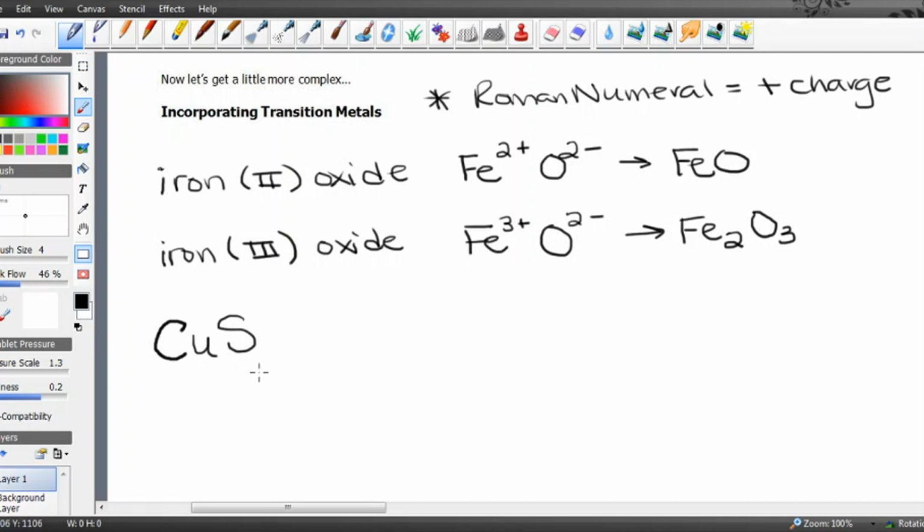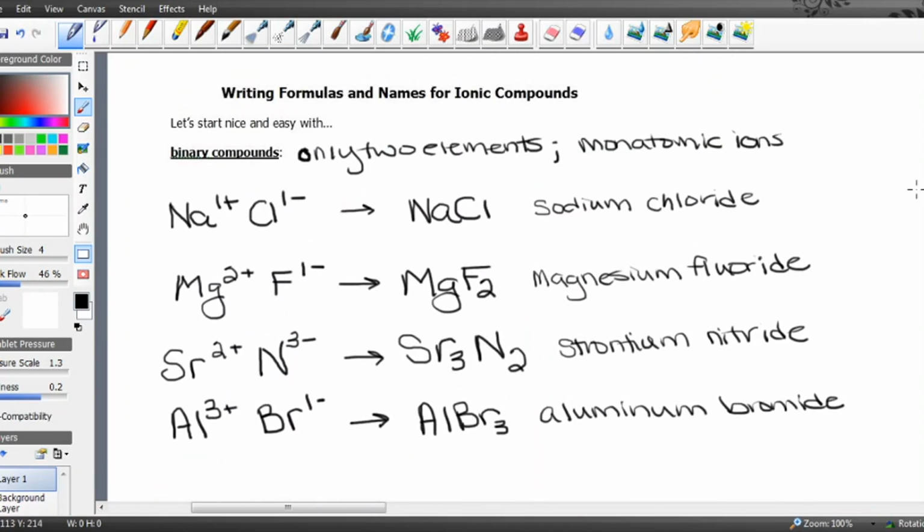If I ask you to come up with a name for this, you would write the cation name just like we did up above. However, we need to incorporate the Roman numeral. And then I name my anion sulfide.